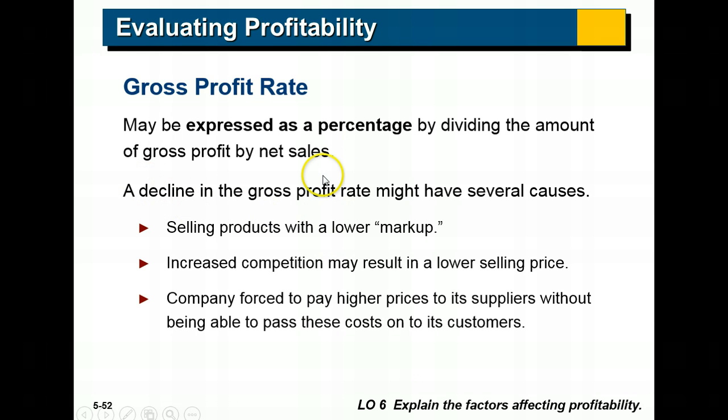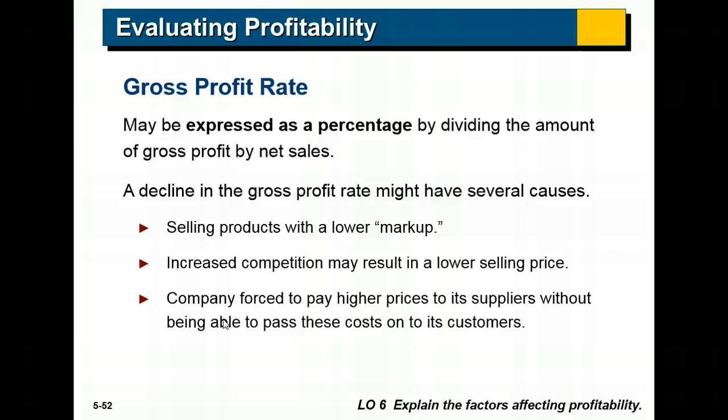A decline in the gross profit rate might be because we are having a lower markup. There might be increased competition, so we got to reduce our prices. Or the company is forced to pay higher prices to suppliers without being able to pass these costs on to the customers. So that gross profit rate is really showing how much more we're selling the product for than what the cost is.